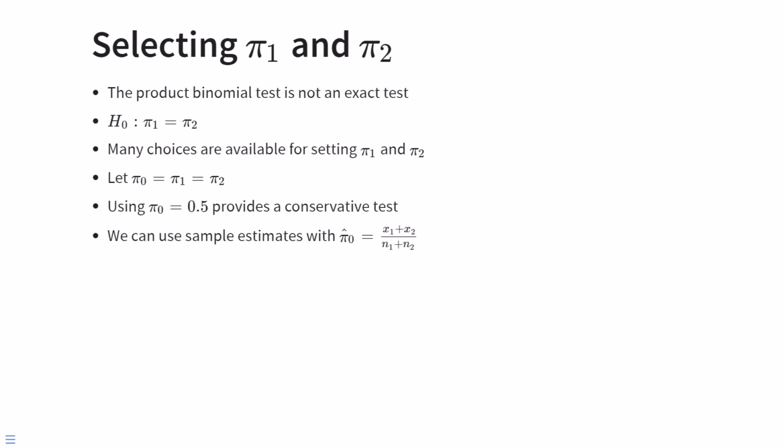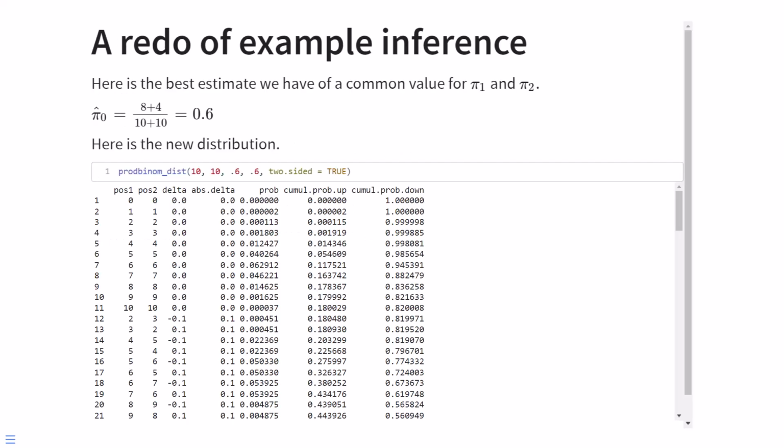So we've already used the conservative method, so let's look now at the other method. If you look back at our table, you'll see that we had 8 successes in the morning and 4 successes in the afternoon. So 8 plus 4 in our numerator, and then we had 10 participants in each sample.